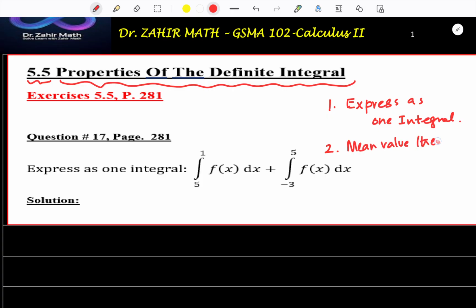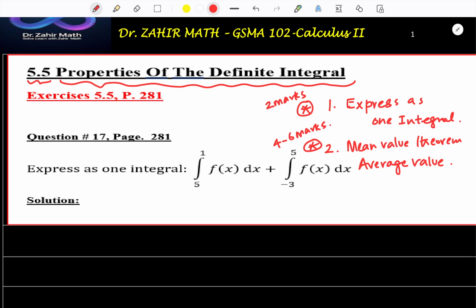And in this mean value theorem, one more step we will find out, that is the average value of a function, right? This is very important for 2 marks questions, and this is very important for 4 or 6 marks questions in the midterm or final exams. So please keep in your mind, these two questions are very important.